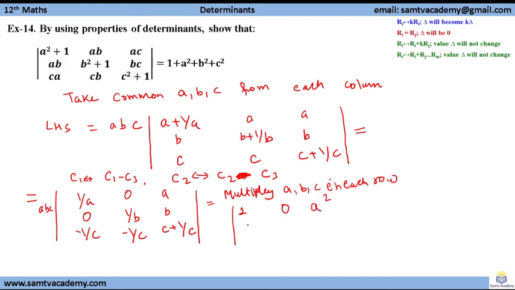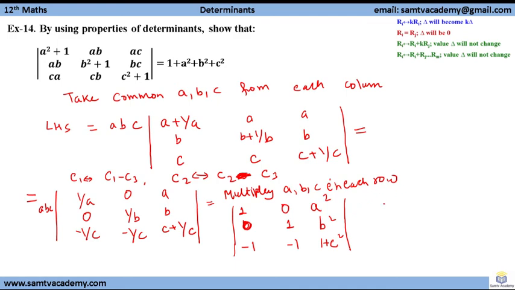And if we multiply b, it will be the same 0, this will be 1, and this is b square. Similarly if we do c, it will be 1 minus 1 minus 1, and if we multiply c, it will become 1 plus c square. So we are getting this.